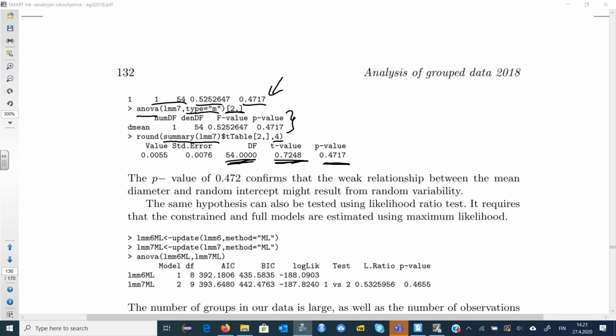And now it's important to notice that actually t squared is F, so 0.72 to the power of 2 is equal to 0.47. So this two-sided t-test and F-test are exactly the same.